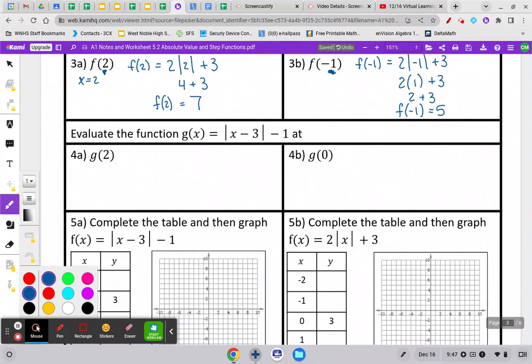We're going to evaluate another function where x equals 2 and x equals 0.